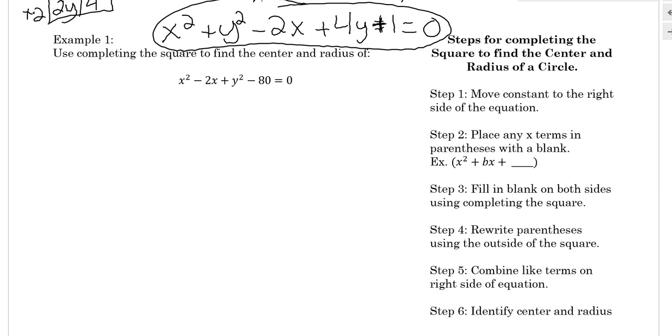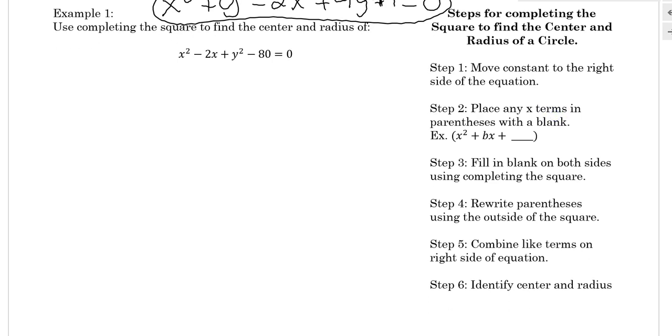I want to find, from the general form, the center radius form. Because with the center radius form, it's easier to figure out what our center and our radius is. Okay? So our first step, step 1, is to move the constant to the right of the equation, right? Your constant is what doesn't have a variable.